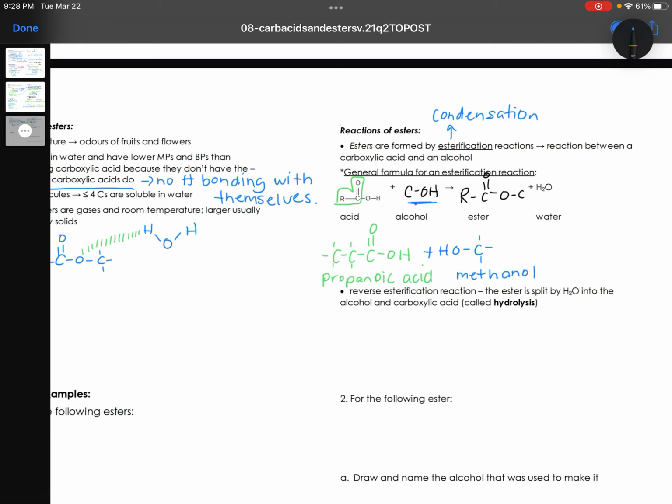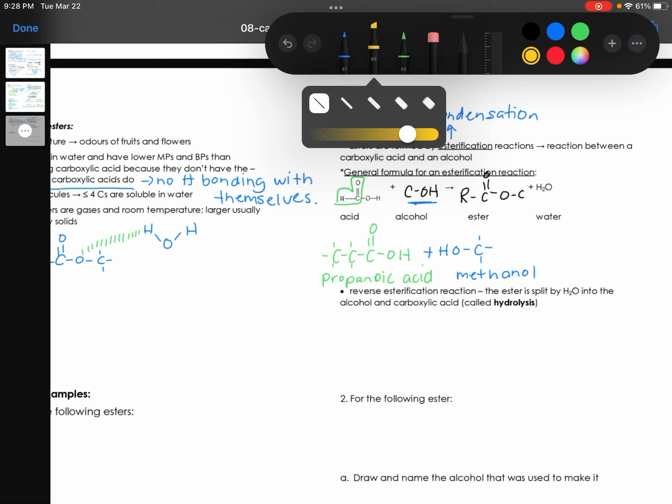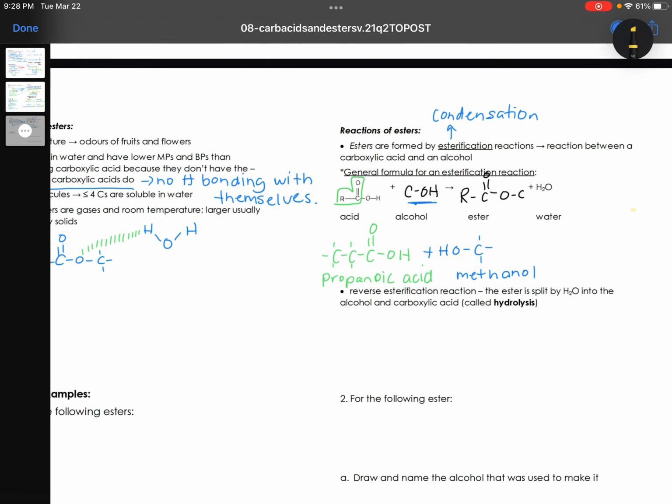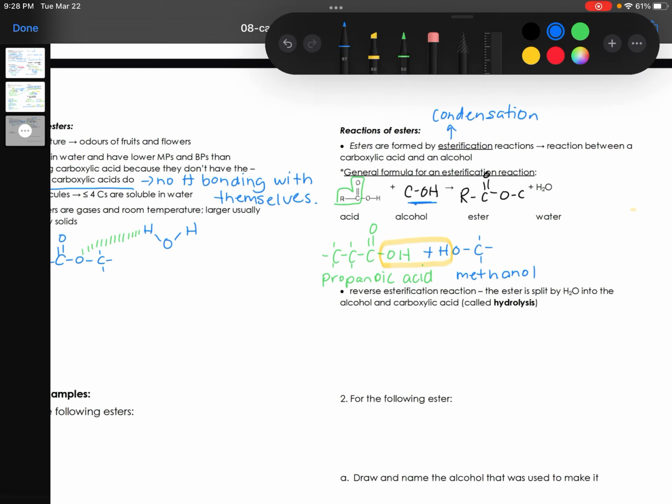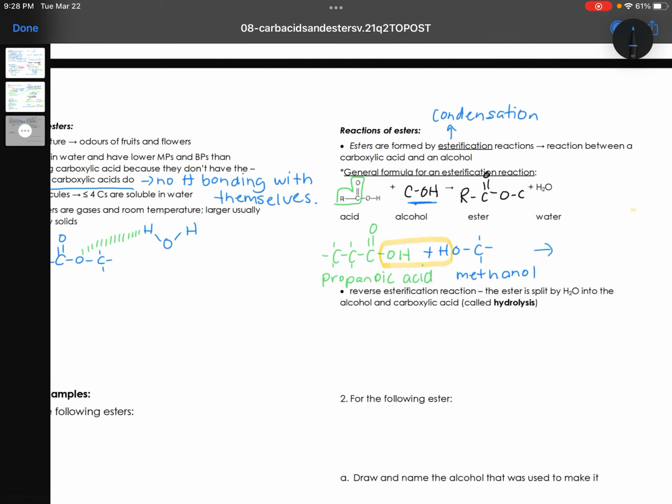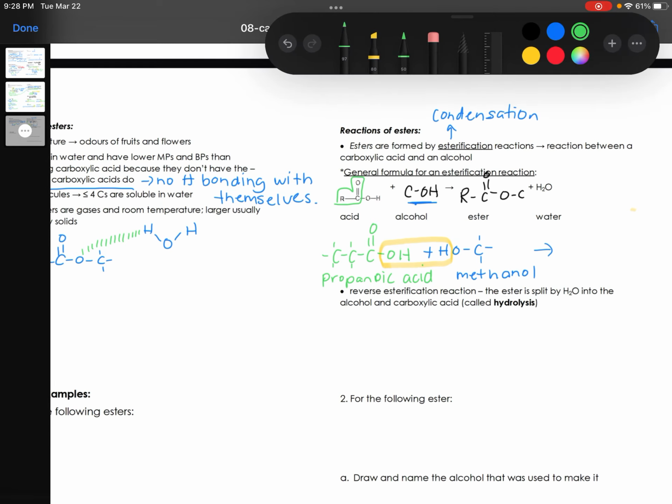I'll pick methanol. Methanol, an alcohol, does not have a C double bond O. So it is going to contribute the single O and then lose its H, and the propanoic acid, the carboxylic acid, is going to give its OH but keep its double bond O to form the ester linkage.